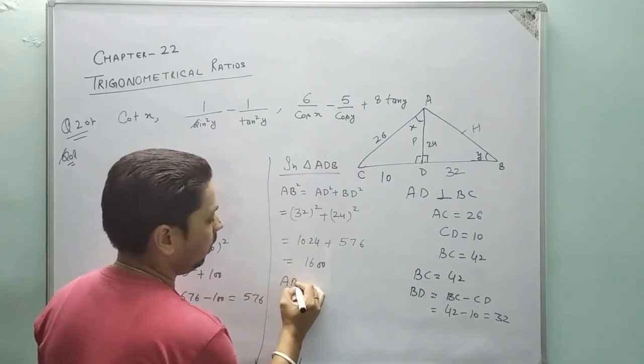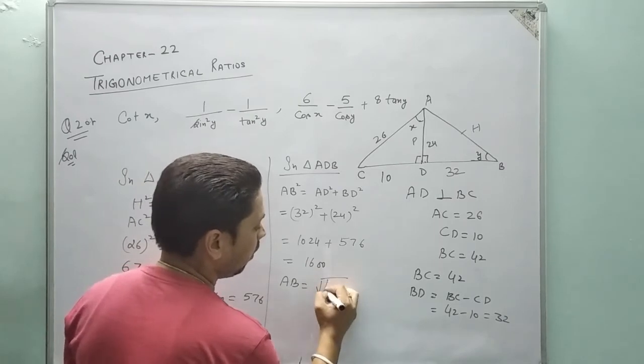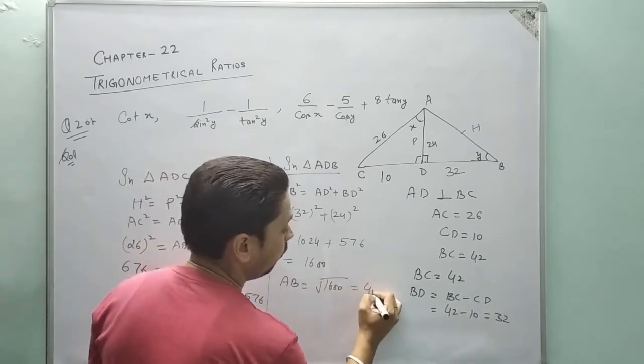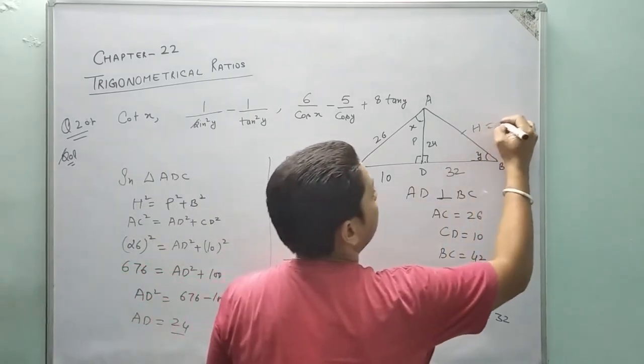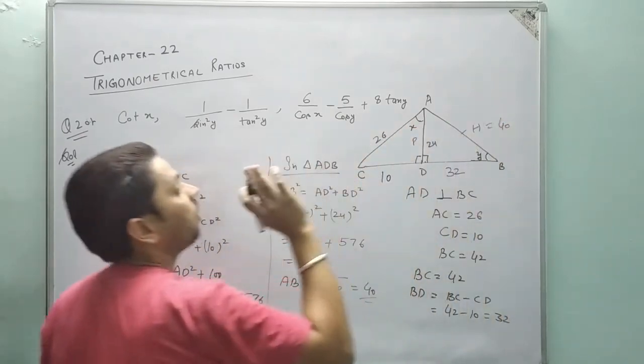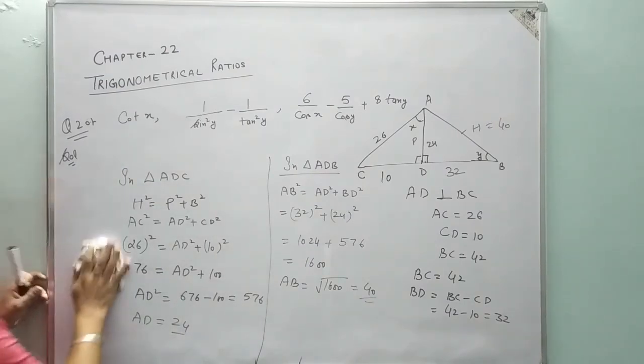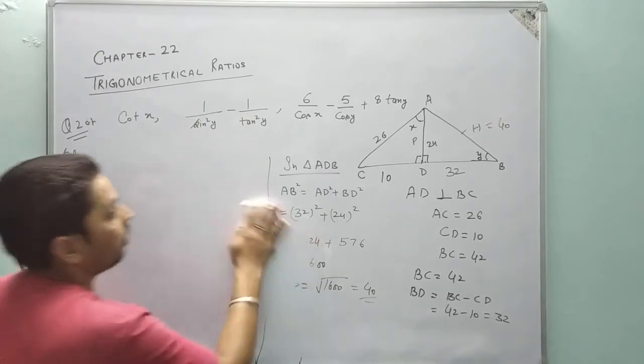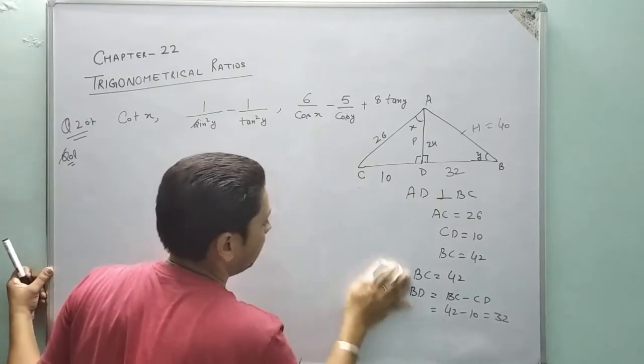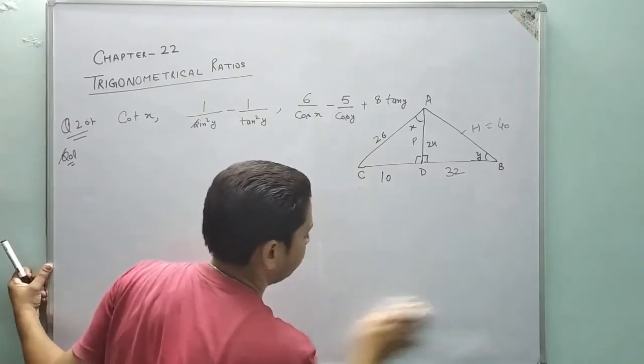So AB will be equal to square root of 1600, that is equal to 40. So we have all the missing sides from the triangle here. We just have to find the value of the missing terms.